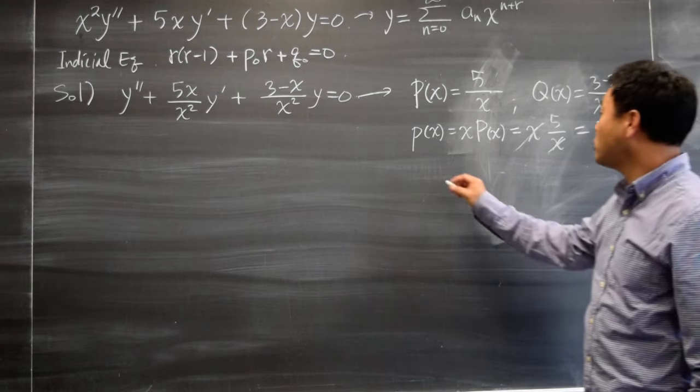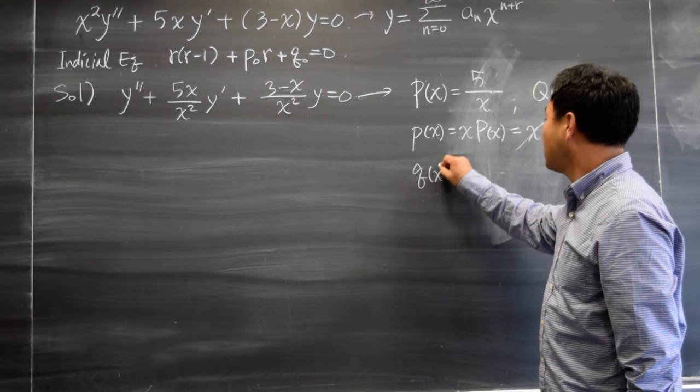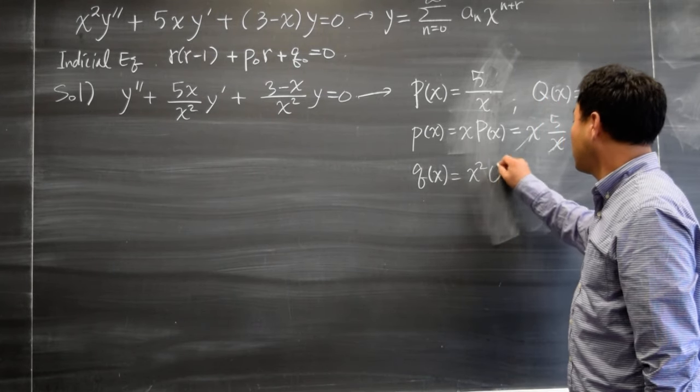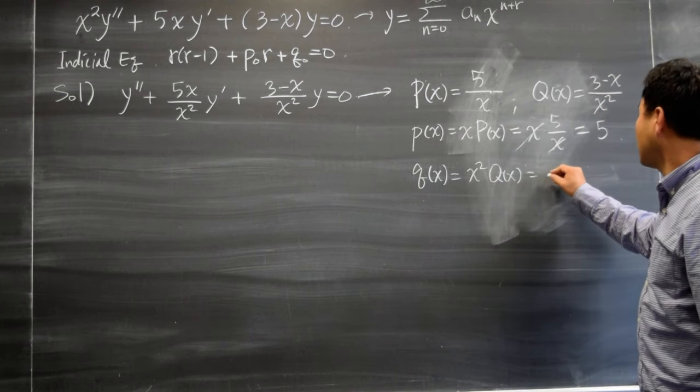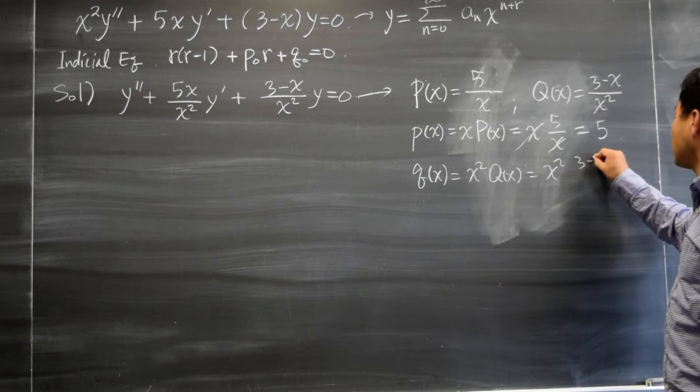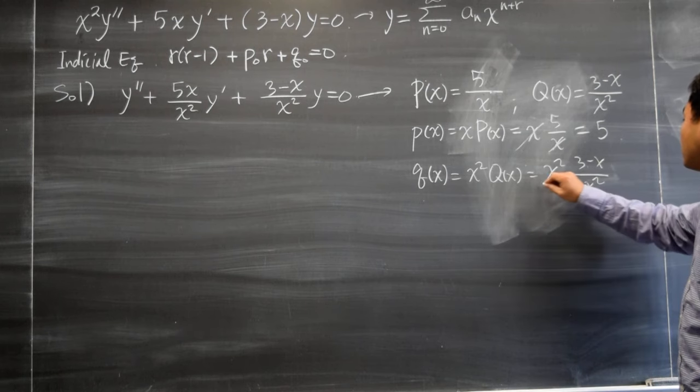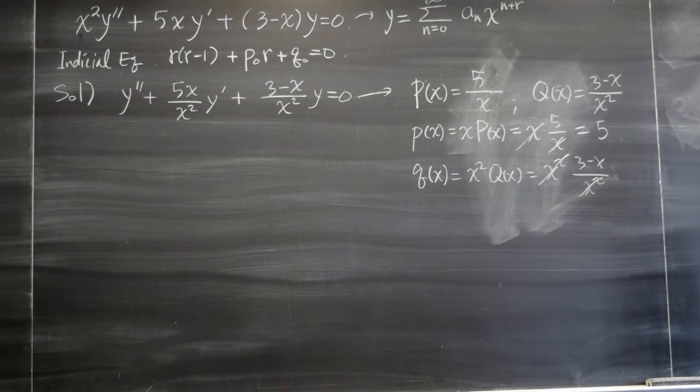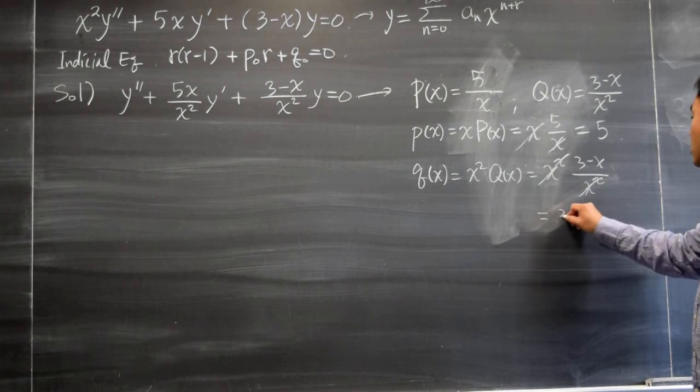And small q of x is defined as x squared times capital Q of x, and therefore x squared times 3 minus x over x squared. These will cancel, leaving you with 3 minus x.